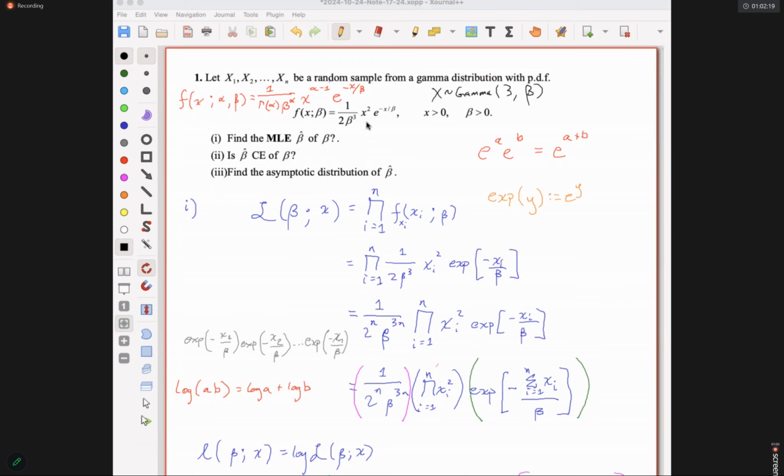X to the power of alpha minus 1, because 3 minus 1 is 2.